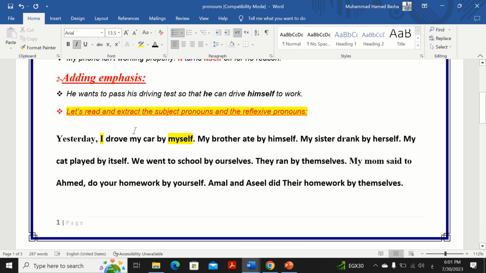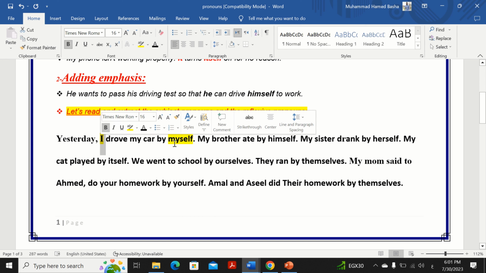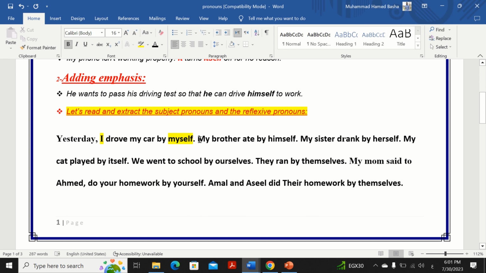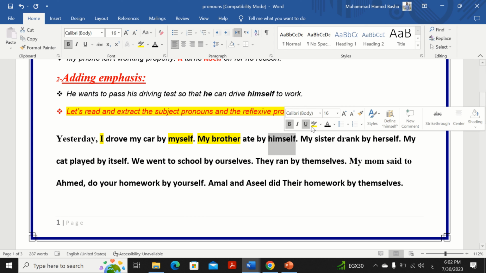Okay, let's read and extract the subject pronouns and the reflexive pronouns in this topic. Yesterday I drove my car by myself. Here I is the subject pronoun, and the reflexive pronoun for I is myself. Another sentence, my brother equals he, and we turn it into himself.